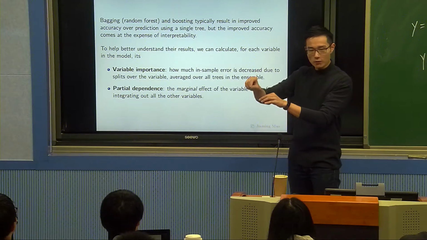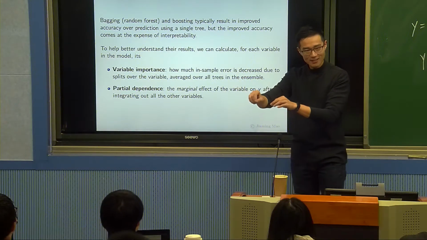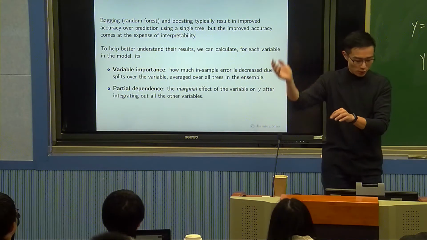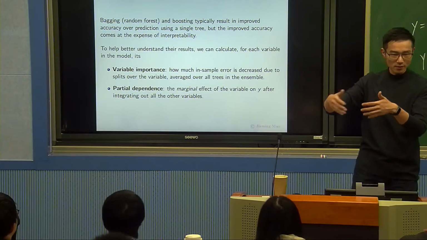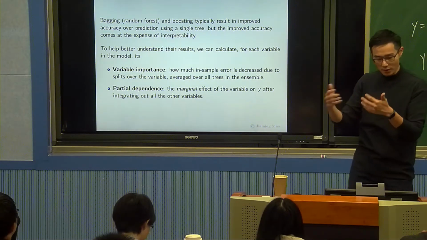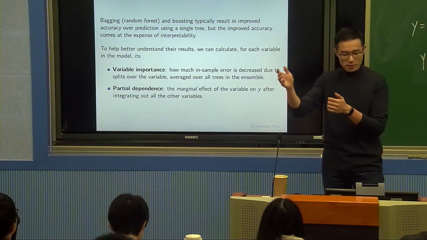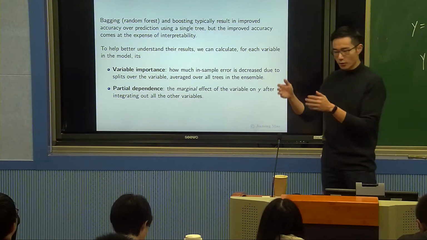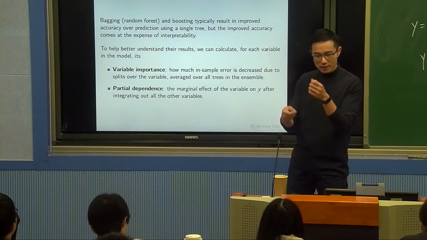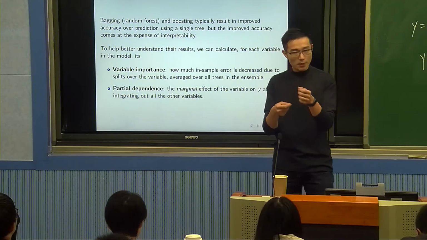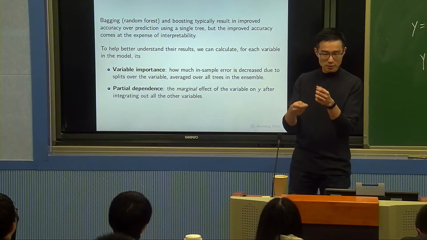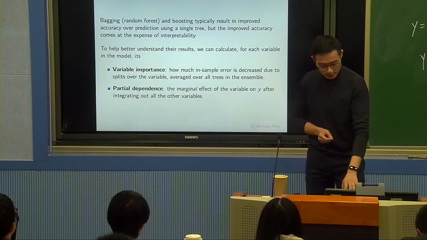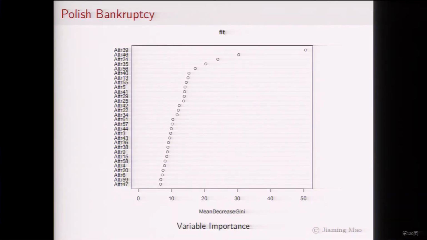That is a measure of how important that variable is. Then I average over all the trees in the ensemble, because we're doing random forest and boosting, and I rank variables in terms of their ability to decrease the error of my model. That's called variable importance. And here's the result.